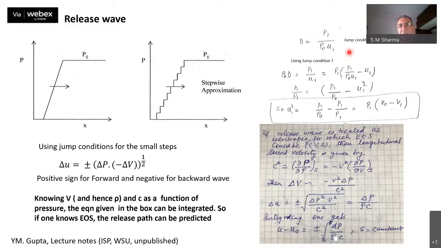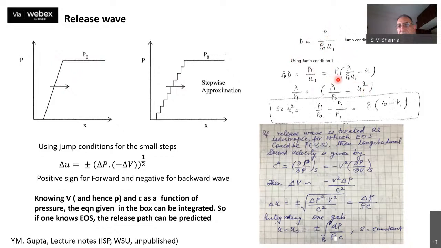So remember the second jump condition said P1 is equal to rho naught U1 into D. So one can put it in this form, D is equal to P1 divided by rho naught U1. And so using jump condition 1, you can see rho naught D is equal to V1 divided by U1. And you can substitute for this value using this equation.